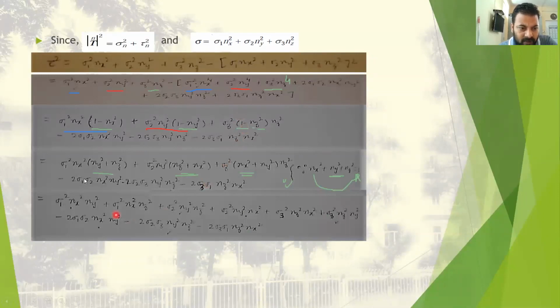Then in the next step again, we have multiplied this nx square plus ny square and arranged with these terms. So sigma 1 nx square multiplied with ny square, sigma 1 nx square multiplied with this nz square, and it has been expanded. In the next step, we will take common with these terms so as to form an expression in the form of sigma 1 minus sigma 2 square.